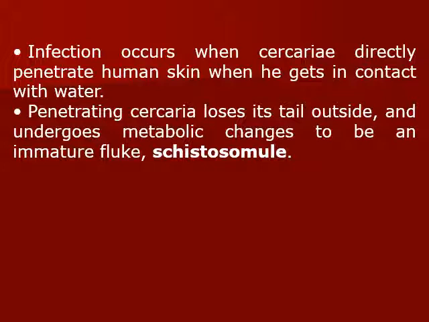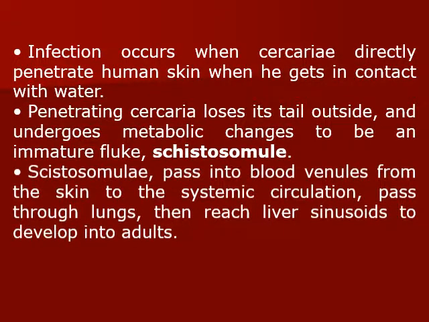The penetrating cercariae lose their tail outside and undergo metabolic changes to become immature flukes, which are called schistosomules. Schistosomules pass into the blood venules from the skin to the systemic circulation, pass through the lungs, and then reach the liver sinusoids to develop into adults.